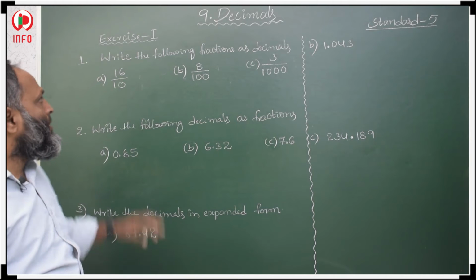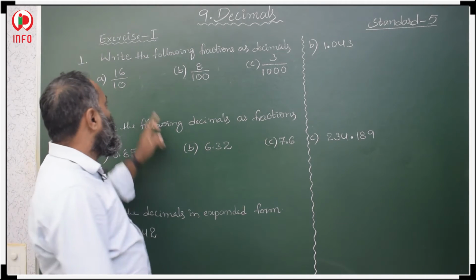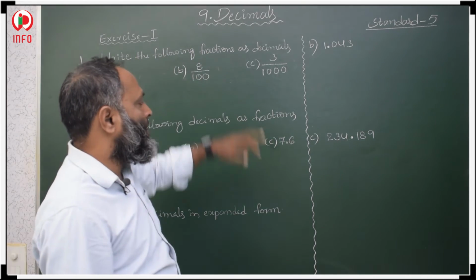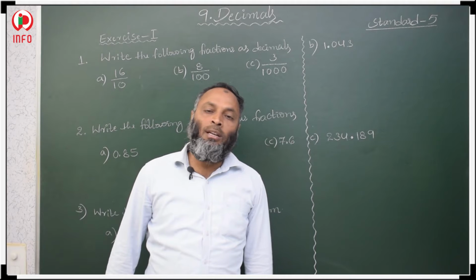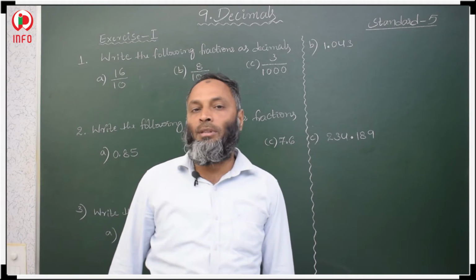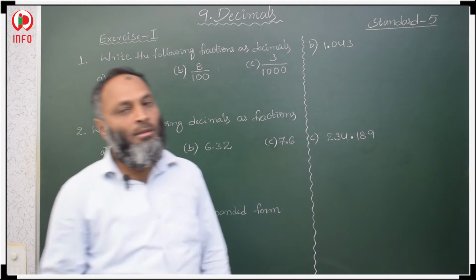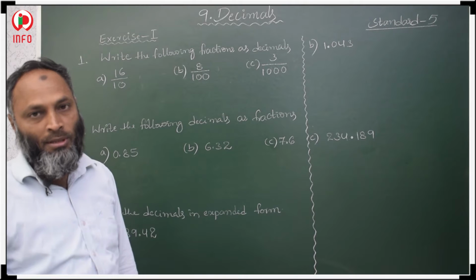Now students, see in the exercise, the first question. Write the following fractions as decimals. Decimal fractions are given, so we should convert them into decimal numbers. Then how to convert the given decimal fractions into decimal numbers?